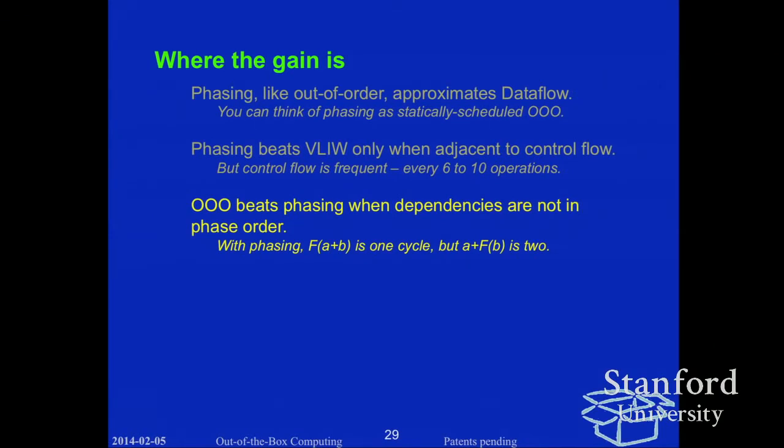But an add, one of whose arguments is a function call, has to be 2, because the call phase is after the op phase. And OOO, which is dynamically detecting this and dynamically scheduling, can do a better job in that case. Turns out, we've done our best to order the phases in such a way that this kind of thing doesn't happen very much, and we've been reasonably successful. The performance is a rough approximation to what an OOO machine will do.